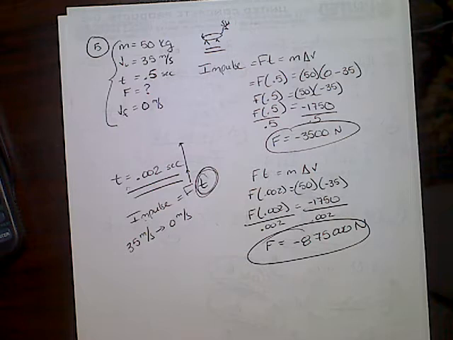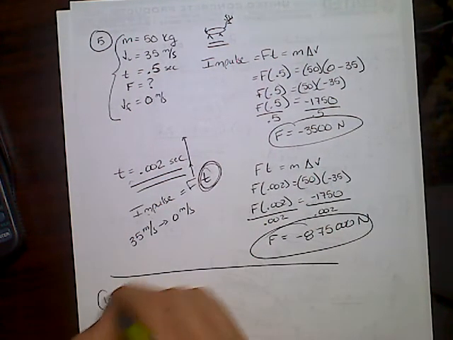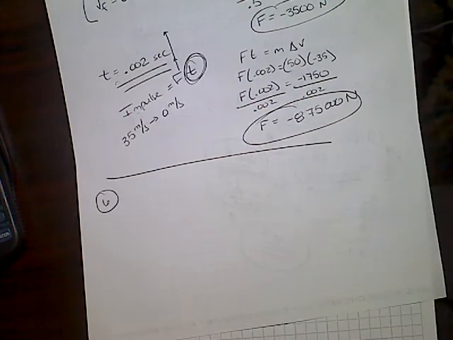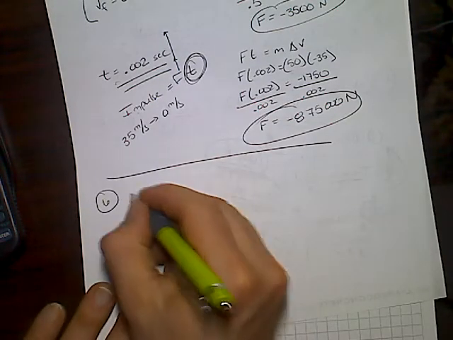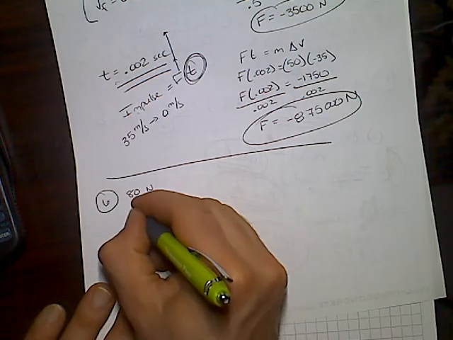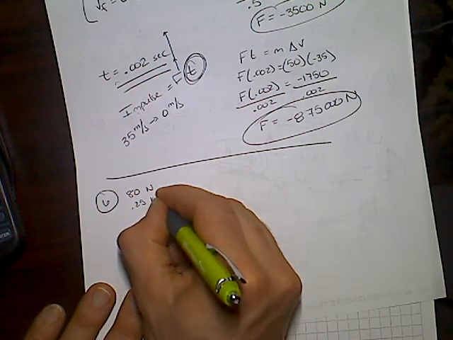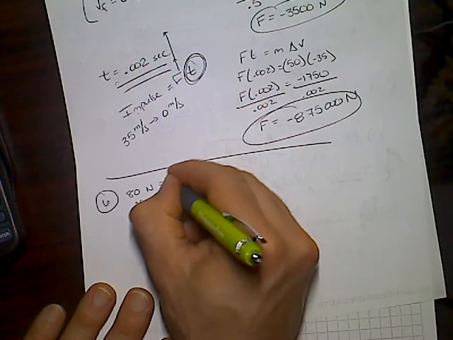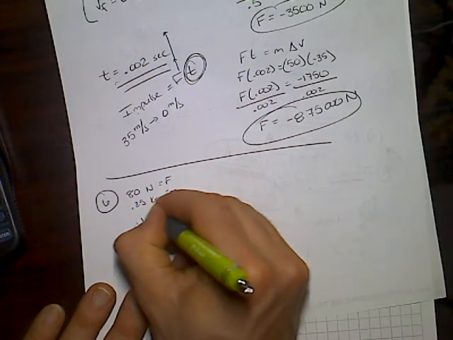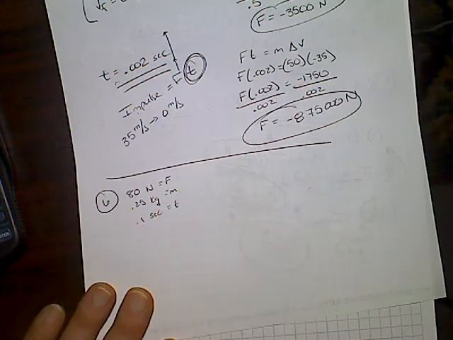All right. Two more questions to go. We have number 6. A hockey player applies an average force of 80 newtons to a 0.25 kilogram puck. We have the force, we have the mass, for a time of 0.1 seconds, we have a time.